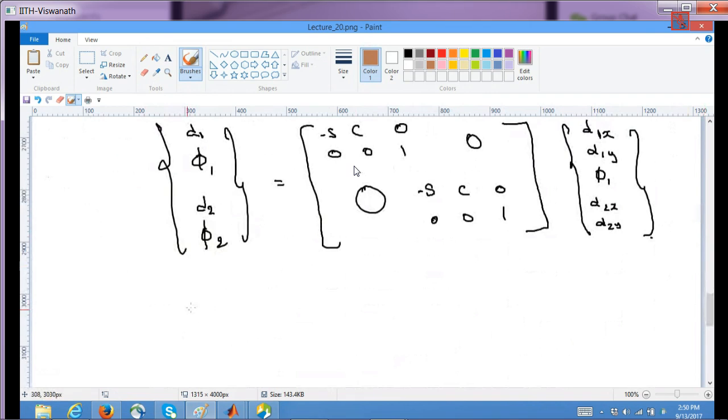In that case, let's say this is local, and this one is global, without ignoring the axial displacement. That is, the member behaves like both a bar and a beam.